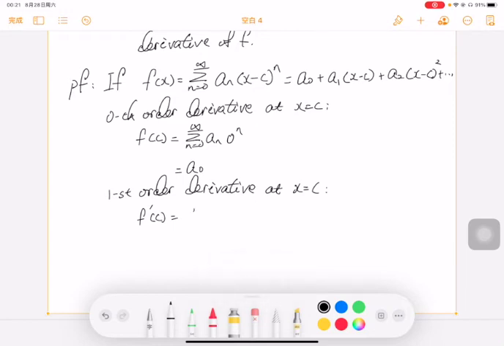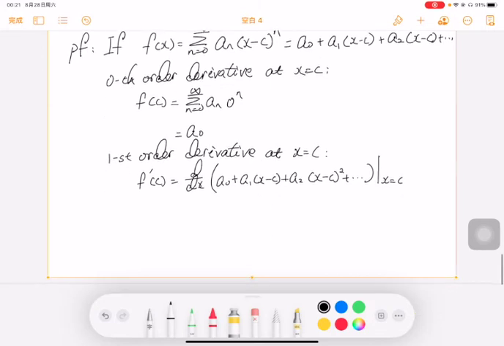So this notation means taking the derivative with respect to x of a0 plus a1 (x minus c) plus a2 (x minus c) squared plus dot dot dot, and then evaluating that at x equals c.